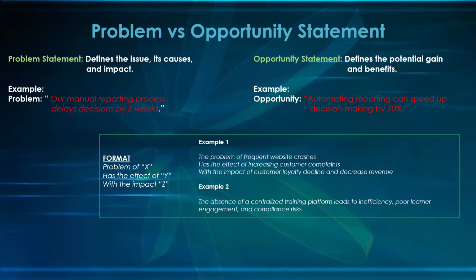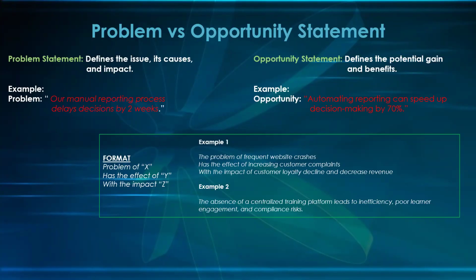So in this case, you look at what the issue is, or what the cause of the issue is. Then how does it impact you? That's a problem statement. Now, in terms of opportunity, it's similar, because you are taking advantage.